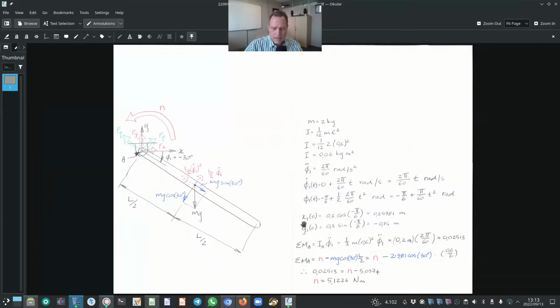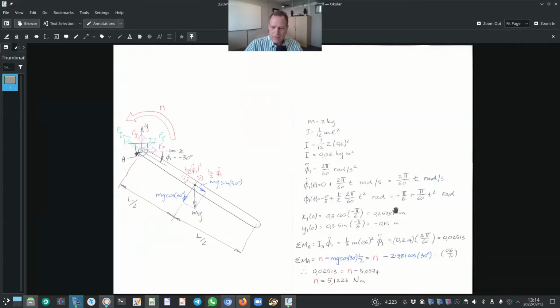We can also calculate the initial coordinates of body 1, the x and y coordinates at time t0. We take this length, which is 0.3, because the total length of the driven pendulum rod is 0.6 meters, so half of that is 0.3, times cosine of minus pi over 6.